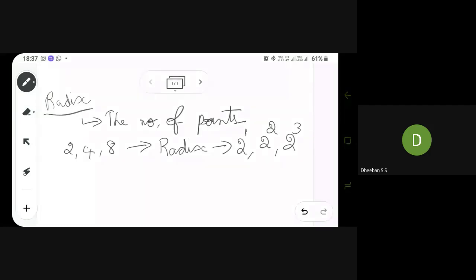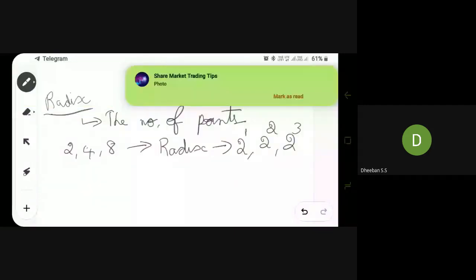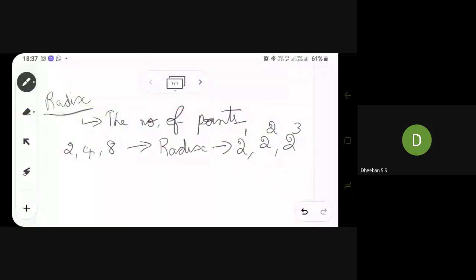Here we can first get into some of the generalized format. Today we'll be saying about the radix of 3.